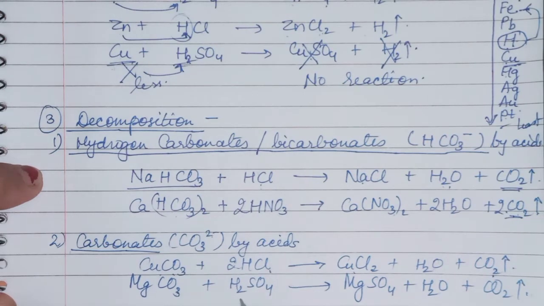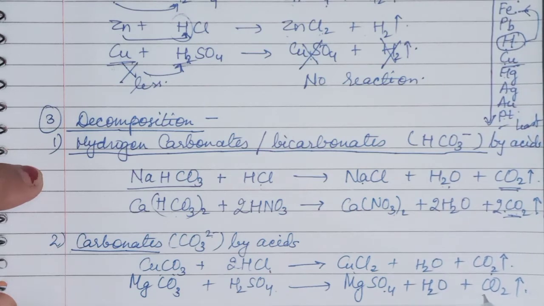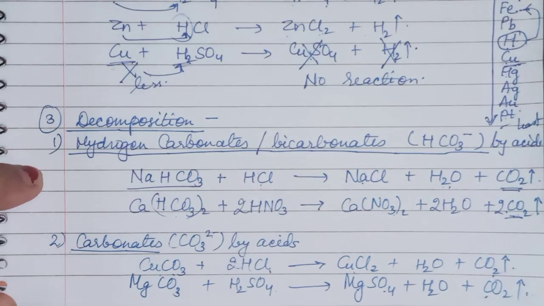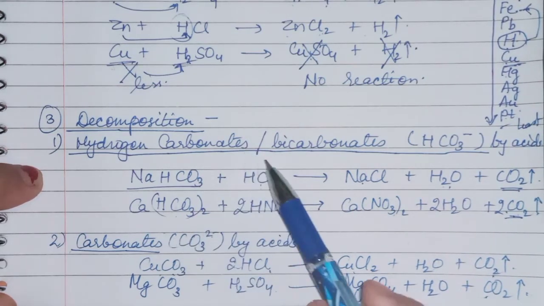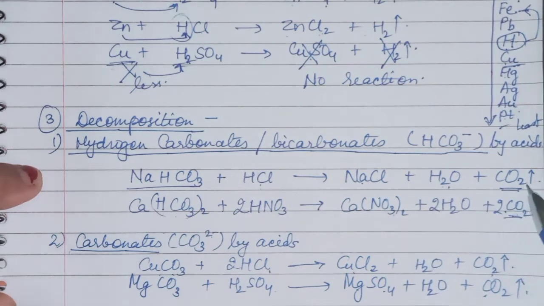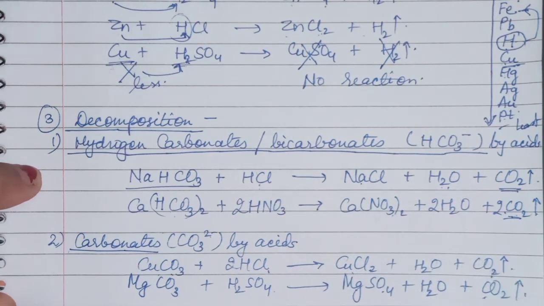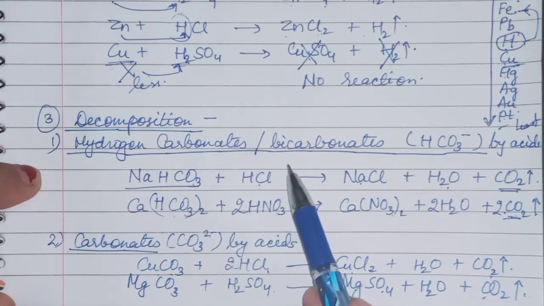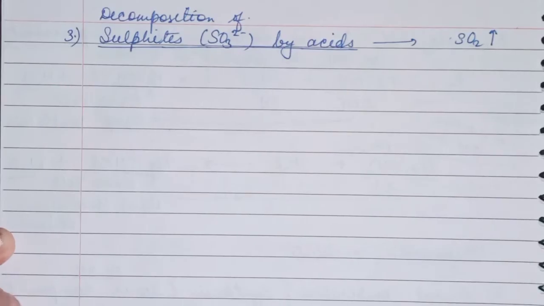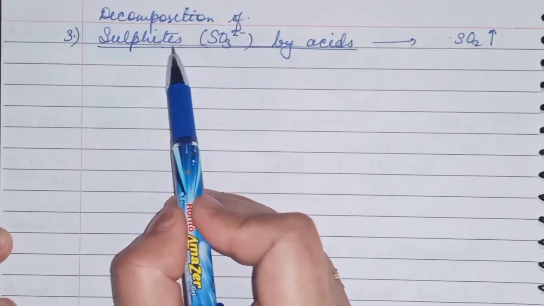Magnesium carbonate with sulfuric acid will give magnesium sulfate, water and carbon dioxide gas will release. So for carbonates and bicarbonates, these two products, carbon dioxide and water, are common and only the salt will change. Okay, the name of the salt will be according to the name of the acid. Clear, children?